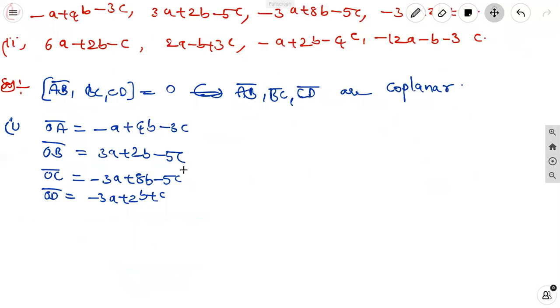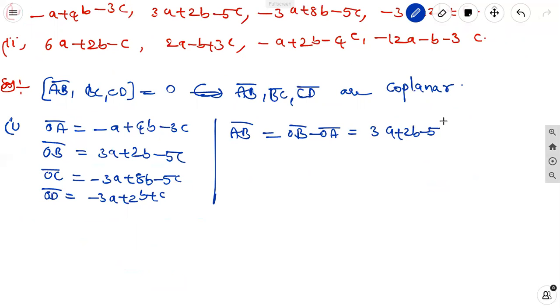Next, we find the AB position vector, that is OB minus OA, equal to 3a plus 2b minus 5c minus a plus 4b minus 3c. Minus into minus, plus: 3a plus a is 4a, 2b minus 4b is minus 2b, minus 5c plus 3c is minus 2c.